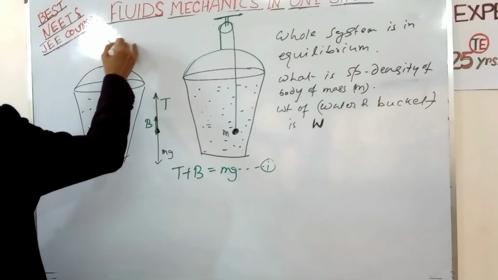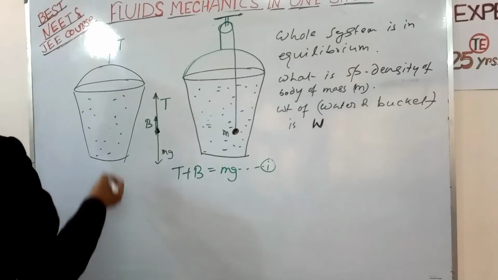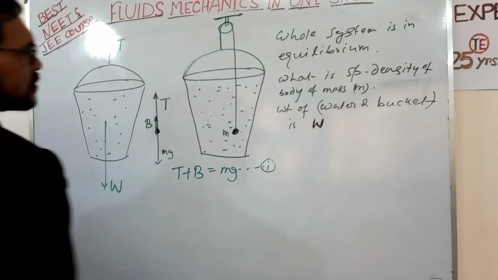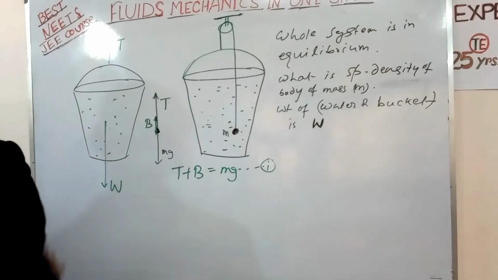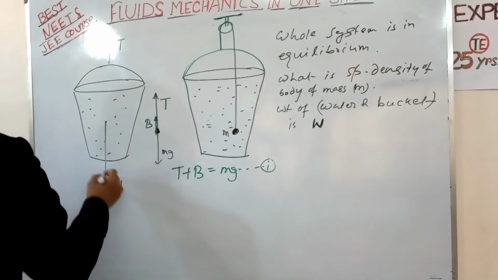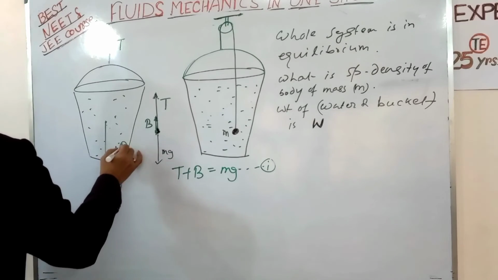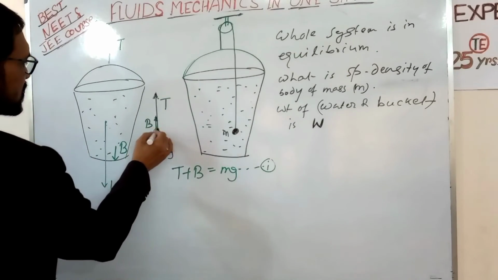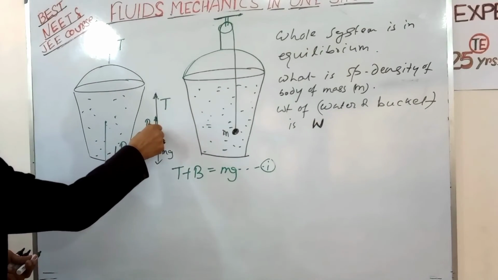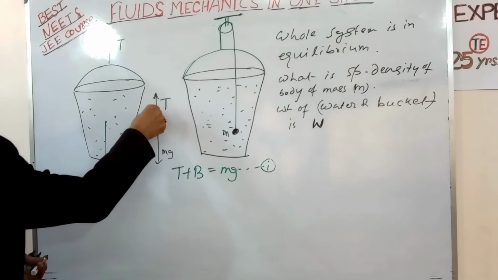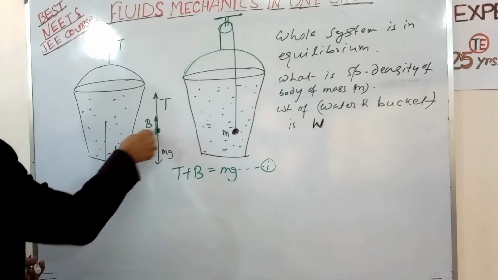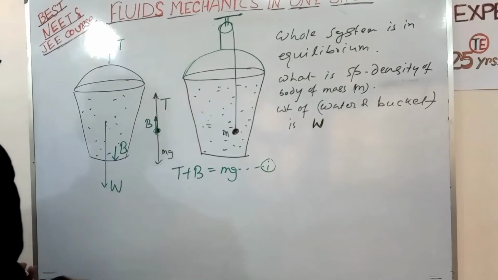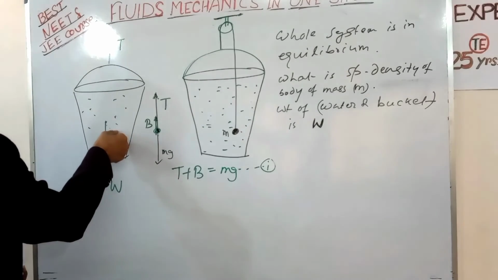Now the tension of the string acts in this direction, and suppose W is the total weight of water and bucket. The buoyancy force is important here. The liquid exerts the buoyancy force B on the body, so a reaction force comes on the liquid.